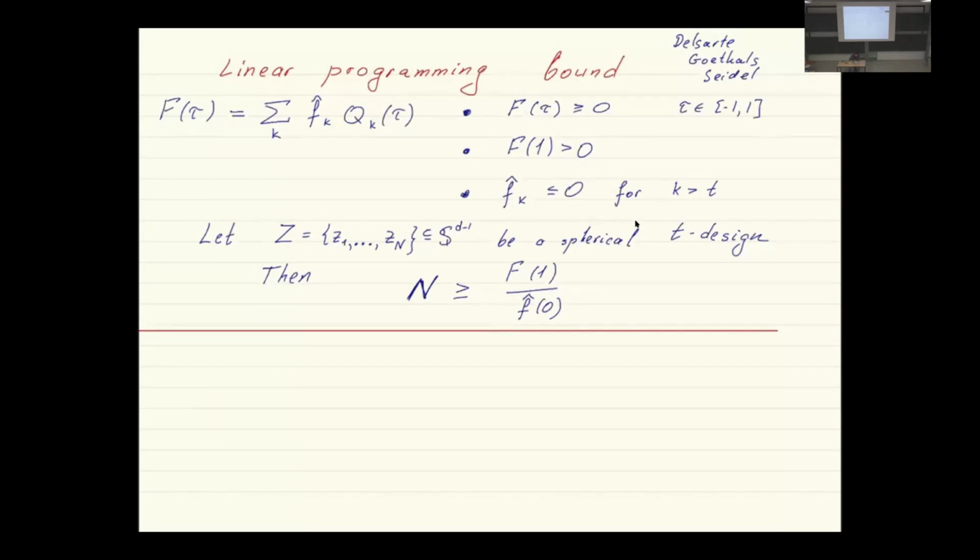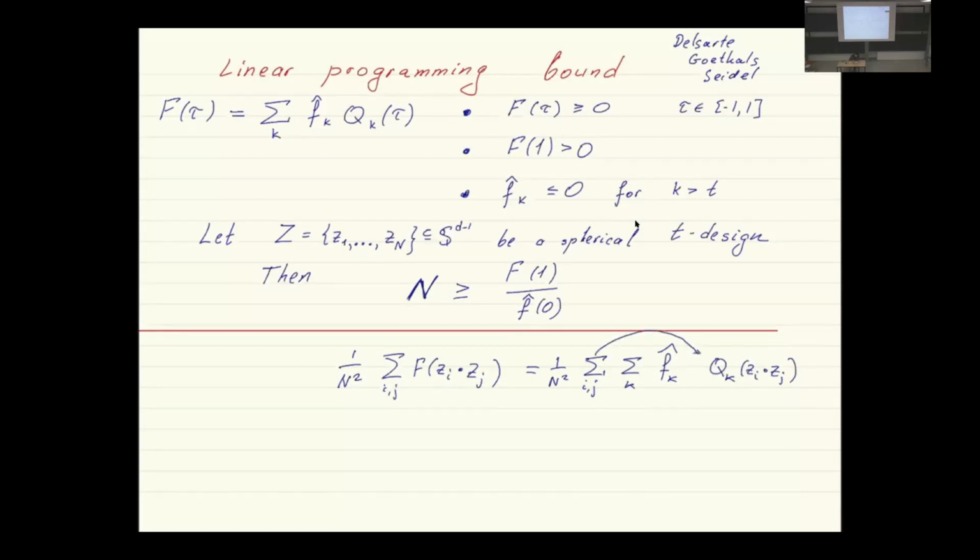You write down the discrete energy. Okay. And you rewrite it like this. You expand f, and you put this sum inside.